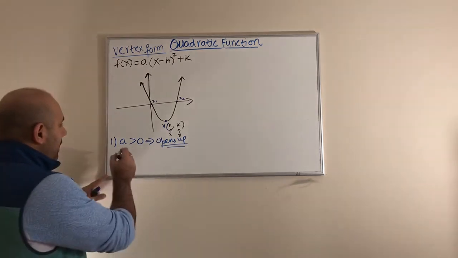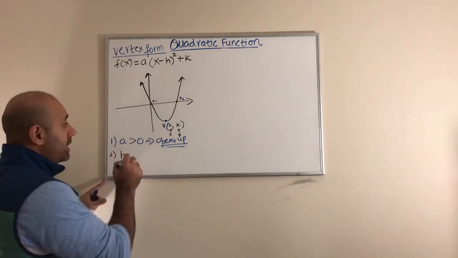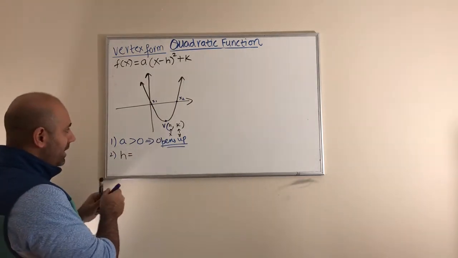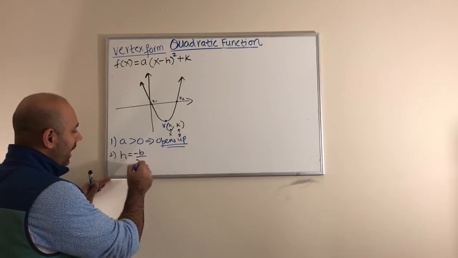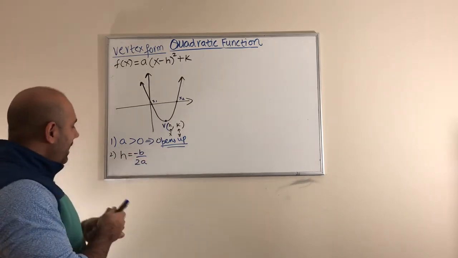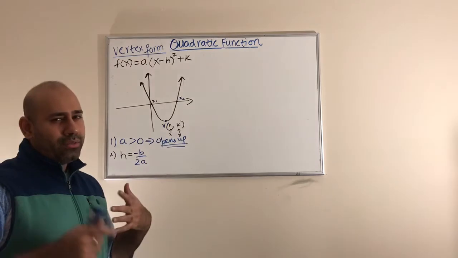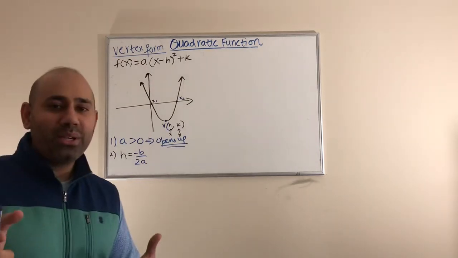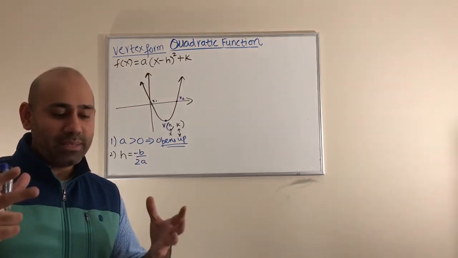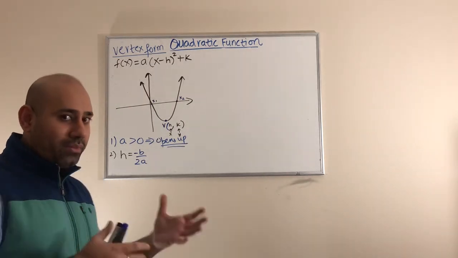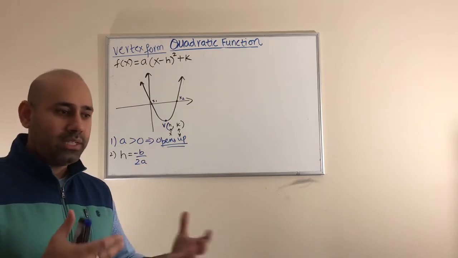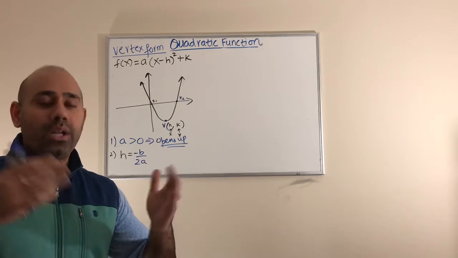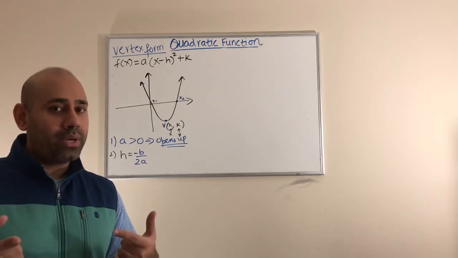The h, which is the x coordinate of the vertex, is given by the formula negative b over 2a. It should not be too difficult for anyone to remember this formula, because if you remember the quadratic formula, that's a big formula, and a lot of things that we do with quadratic functions are basically branches of it. Like the discriminant, it is the quantity inside the radical, b squared minus 4ac.